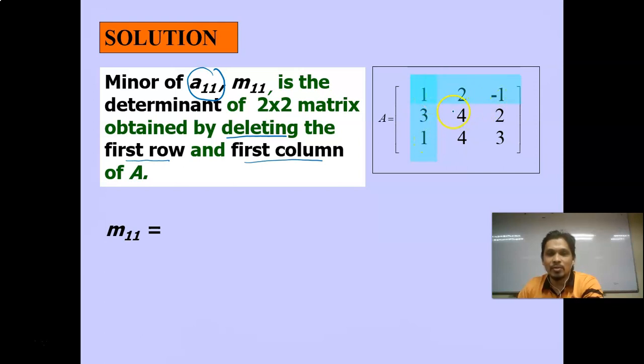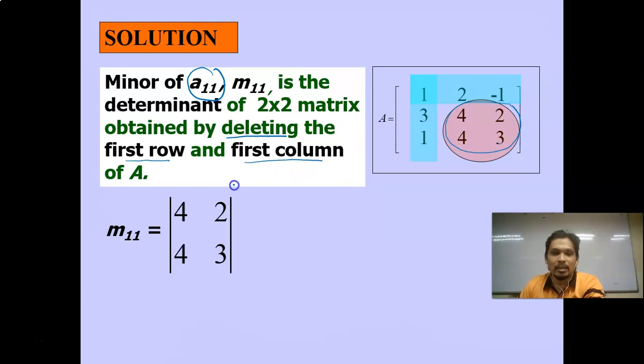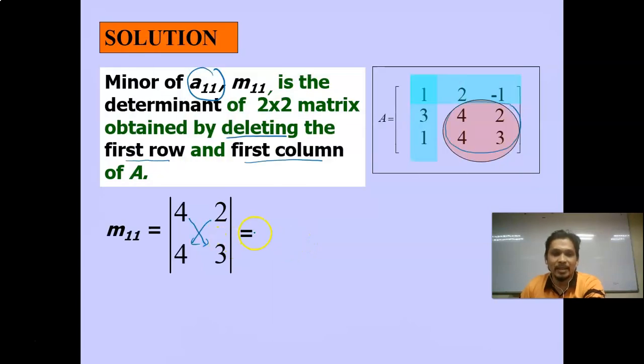What can you see here now? It's 4, 2, 4, 3, right? So 4 times 3 equal to 12 minus 2 times 4 equal to 8. Then 12 minus 8 equal to 4.